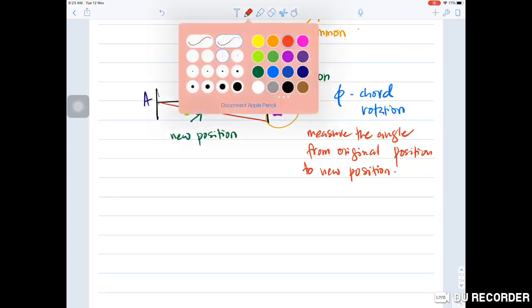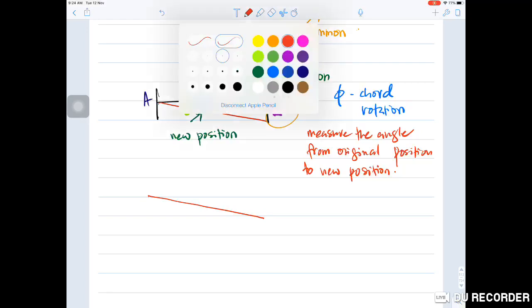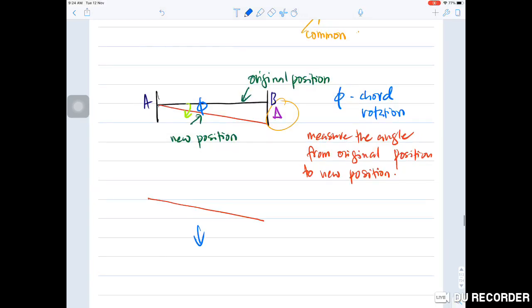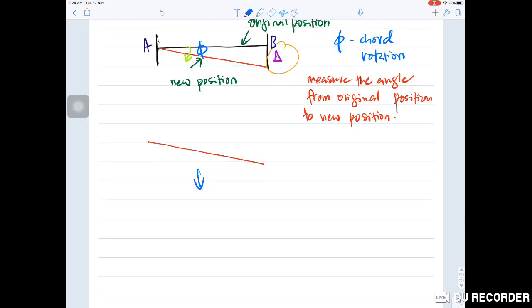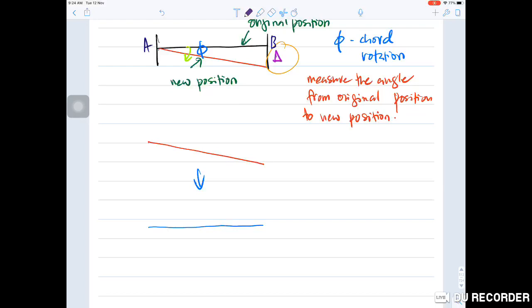Okay, if the behavior like this due to delta, and the beam want to be straight again, what we need to do, we need to apply moment to counter back so that the beam will go back to straight position.